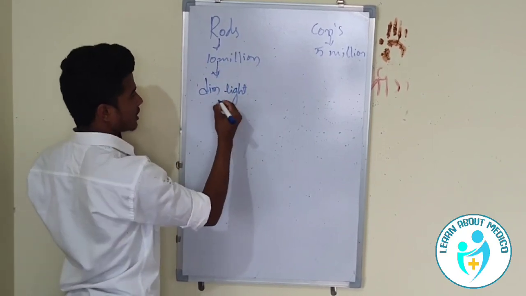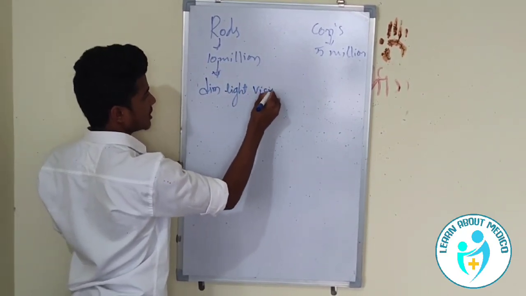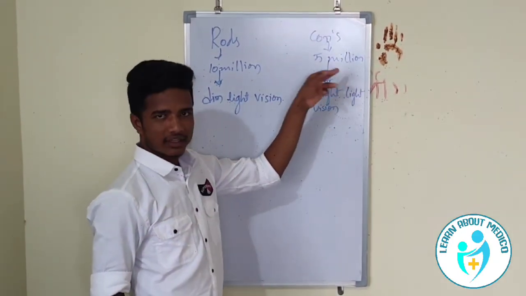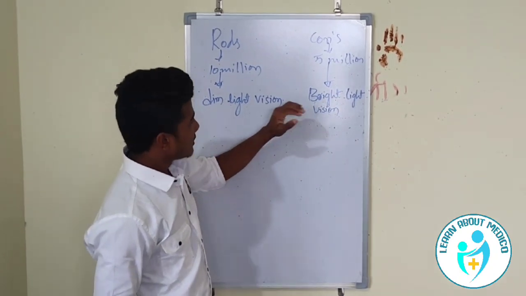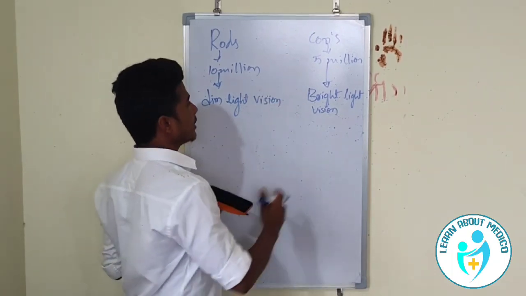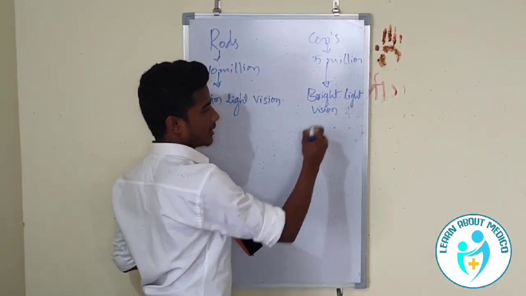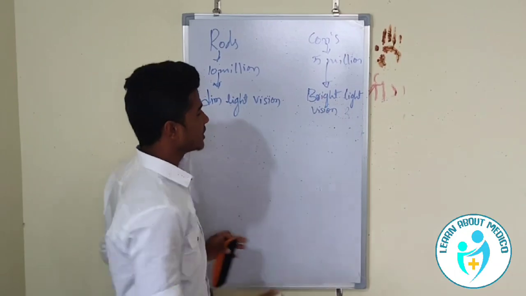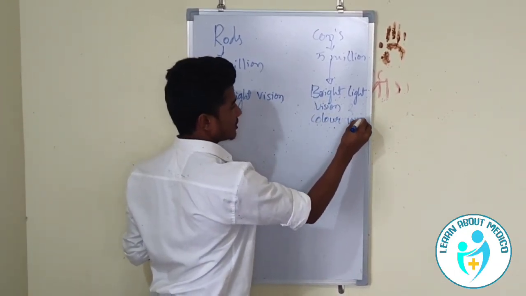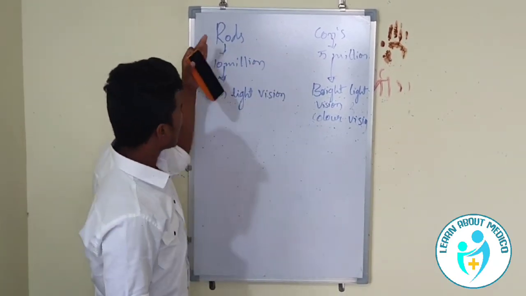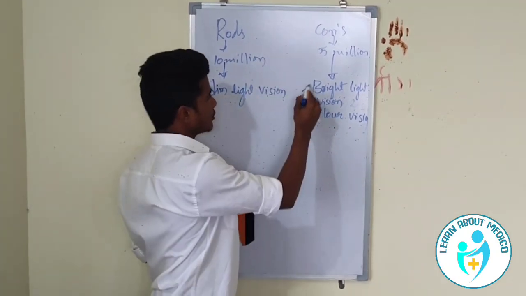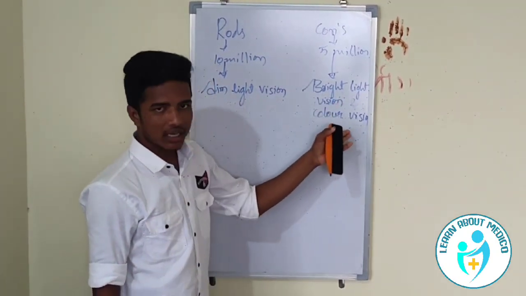The rods are responsible for dim light vision. The cones are involved in bright light vision as well as color vision.